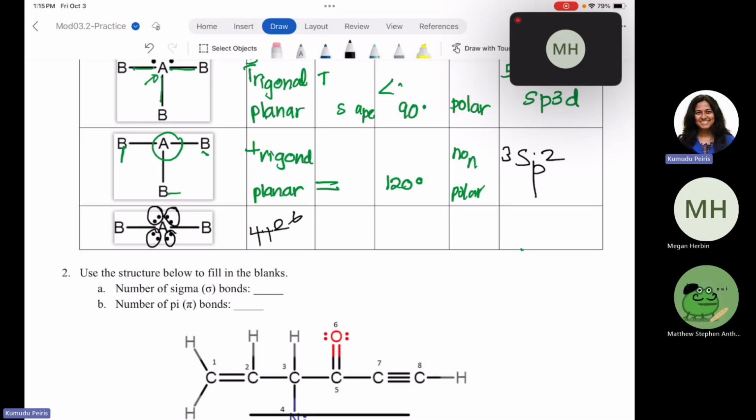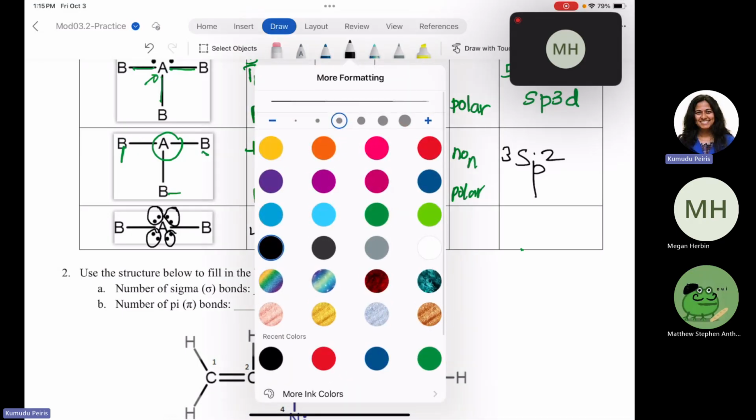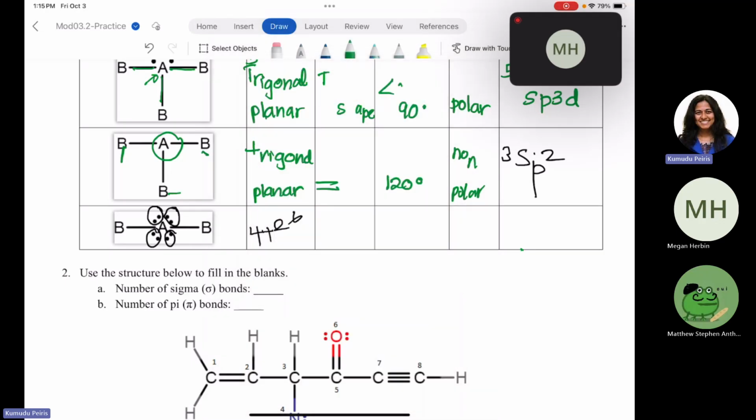So when it has 6 electronic domains, we say it is octahedral. When it comes to the electronic geometry, all these lone pairs would stay as far from each other as possible. Then the two sigma bonds will stay completely opposite to each other.